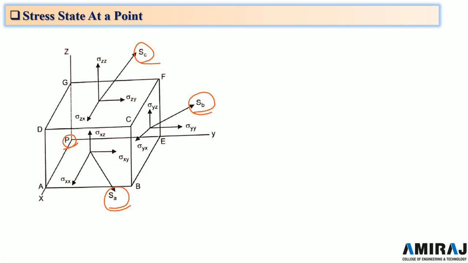As you can see, this is our plane A, B, C and D. Now this SA is divided into three portions, that is, first is sigma xx over here, because this is our x, this is y and this is our z.